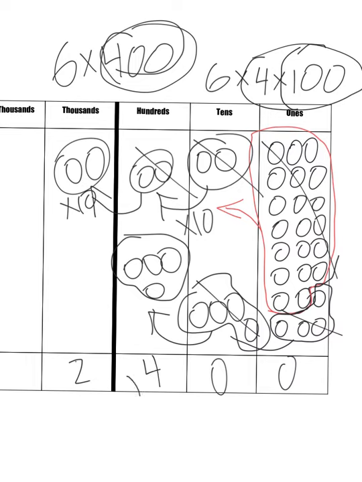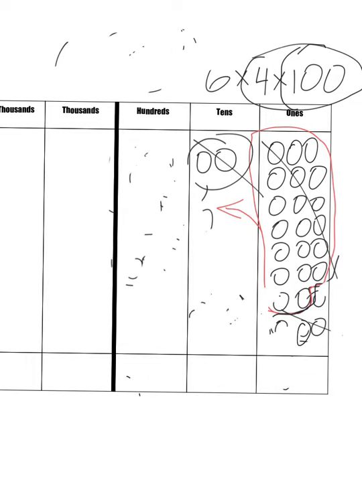But another way that we can do it that I think is a little neater and faster is by doing this. So I've still left our 24 here, but what we need to do this time is instead of just moving one place at a time, we're going to move 2 places at a time. So we're going to take these two 10s right here, and we're going to move them all the way to the thousands over here.